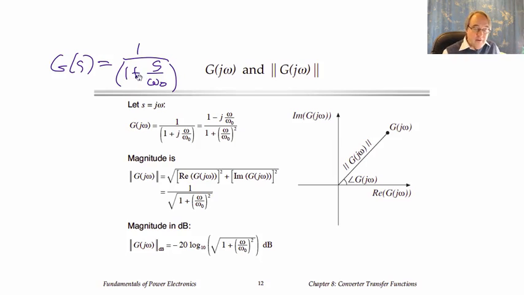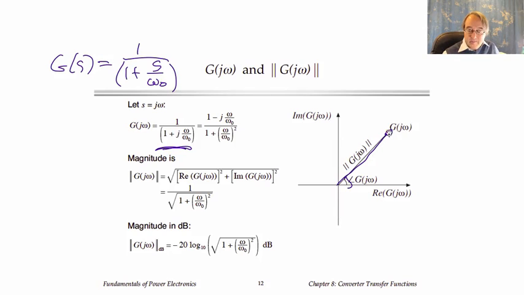To find the magnitude of this transfer function, we let s equal j omega, which gives us this, and then we find the magnitude of the resulting complex function. So the complex function g of j omega at any given value of omega is some complex number that has a magnitude and a phase.